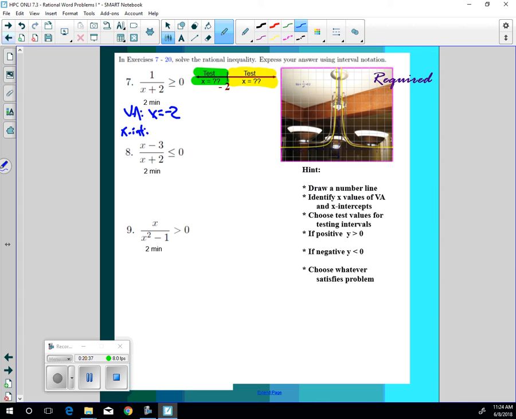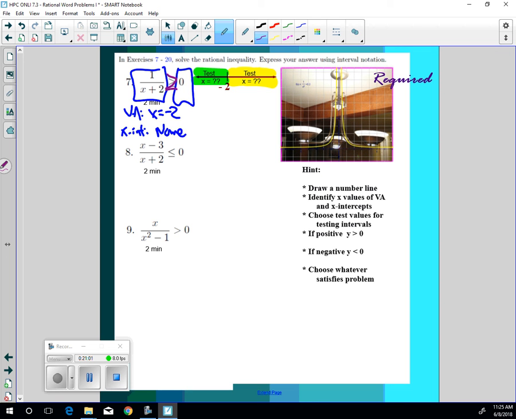Set the numerator equal to 0. There are none. So the only one that's a vertical asymptote is -2. And then when you do your test, just see where this is greater than or equal to 0. Well, we know where it's equal to 0. Well, actually, we don't because it can't ever get there. But we know where the vertical asymptote is.